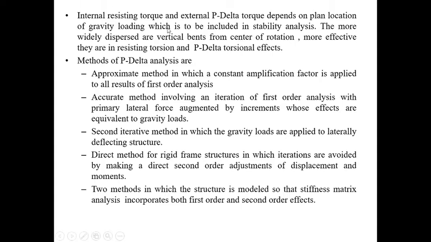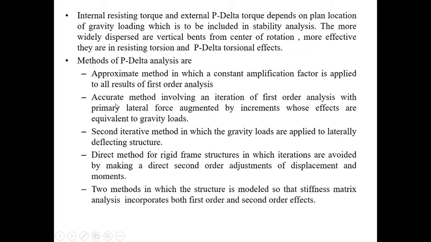Second is the accurate method. In the accurate method, we follow the iteration method, which involves iteration of the first order analysis. First you get the results of the first order analysis. Iteration is done with the primary lateral forces, augmented by increments whose effects are equivalent to the gravity load. So the lateral forces get increased, and the iteration process is continued.